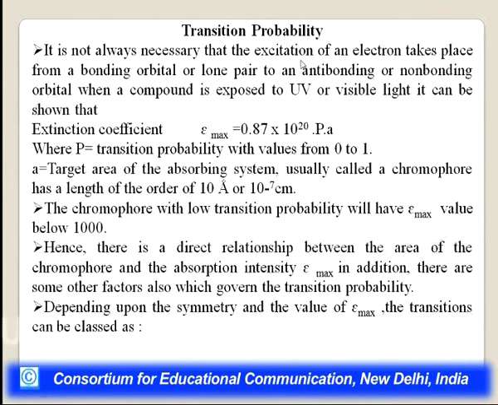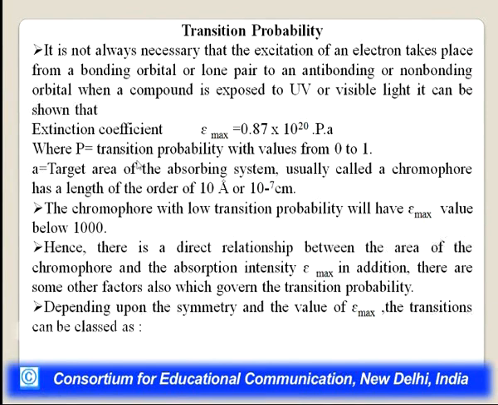Now another term is transition probability. It is not always necessary that the excitation of an electron takes place from a bonding orbital or lone pair to an anti-bonding or non-bonding orbital when a compound is exposed to UV light. So what is the extinction coefficient? It is epsilon maximum equals 0.87 into 10 to the power 20 P A. What is P?